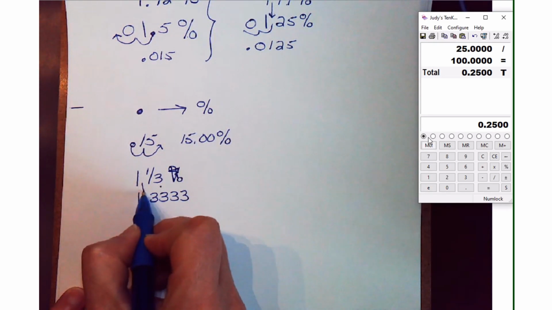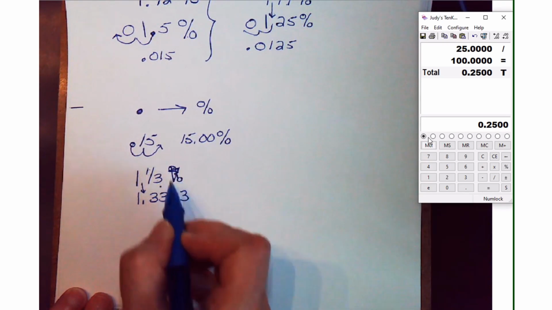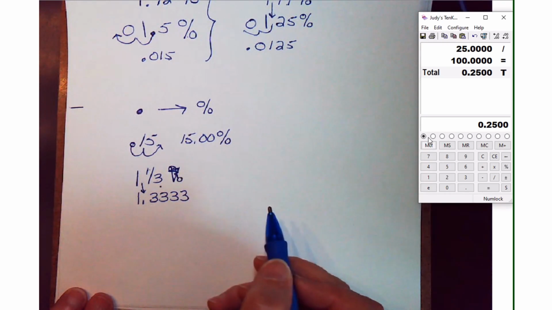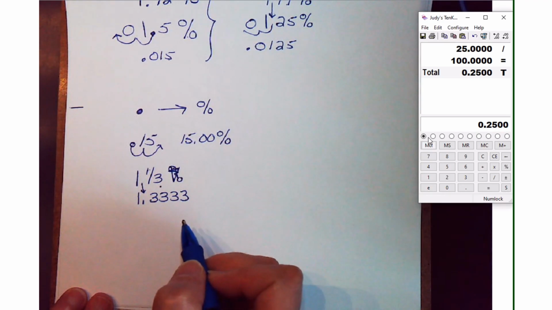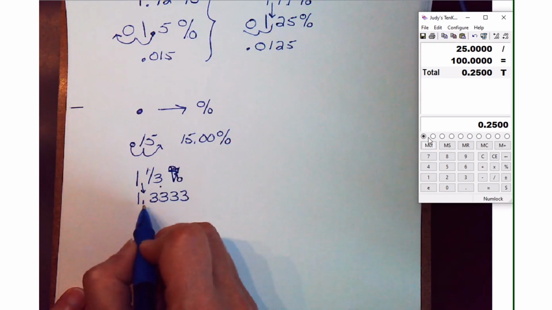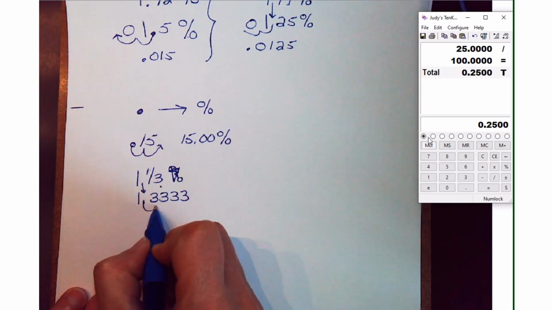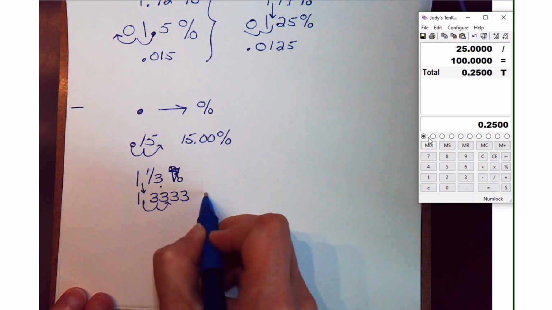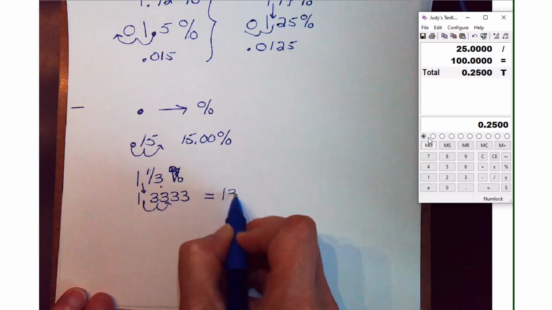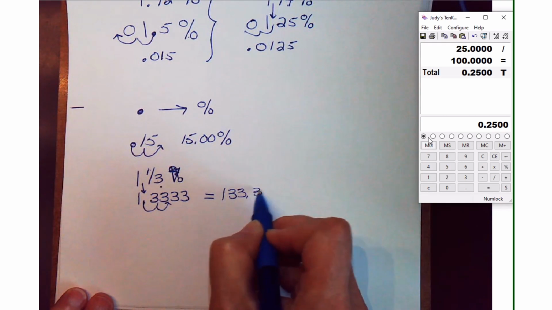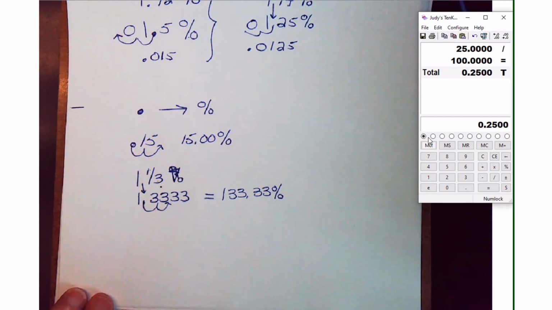So bring your decimal down, convert the fraction to a decimal. It never ends, but we're just going to carry it out to 4. So it's still a decimal. Now either multiply by 100 or move your decimal to the right 2 places. So it's the same as 133.33%.